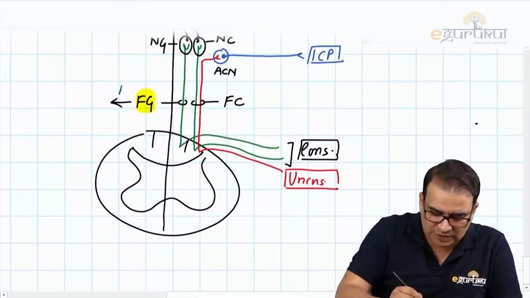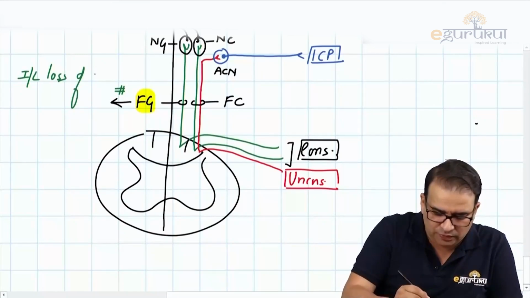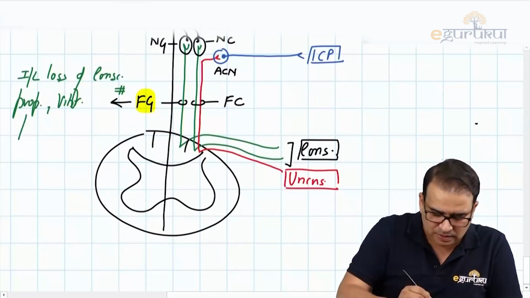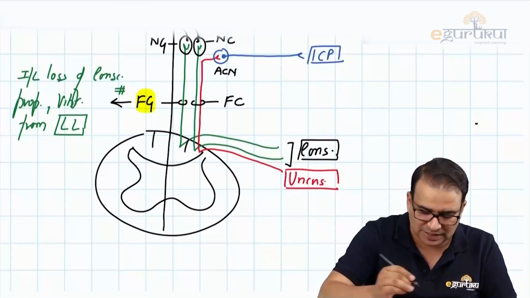If there is injury to fasciculus gracilis, there will be ipsilateral loss of conscious proprioception, vibration, etc., whatever is there in the dorsal column tract. From where? From the lower limb. That's the main point. But if there is injury to fasciculus cuneatus, now that's entirely different.